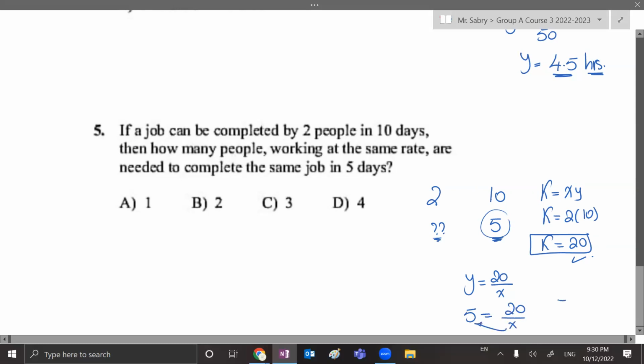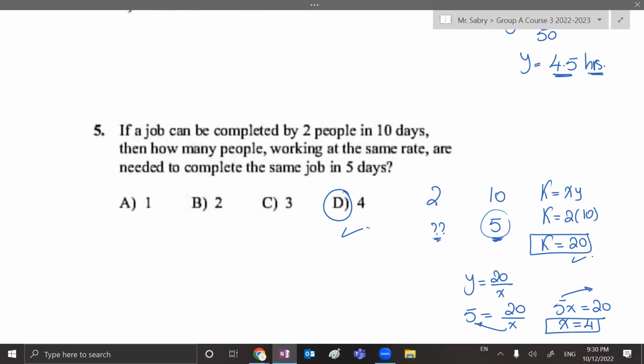I multiply x on this side and divide by 5 on the other side, and x equals 4. So we will need 4 people to finish this in 5 days. And it makes sense. If 2 finish it in 10, then 4 will finish it in half the time, 5 days. Are we all good?